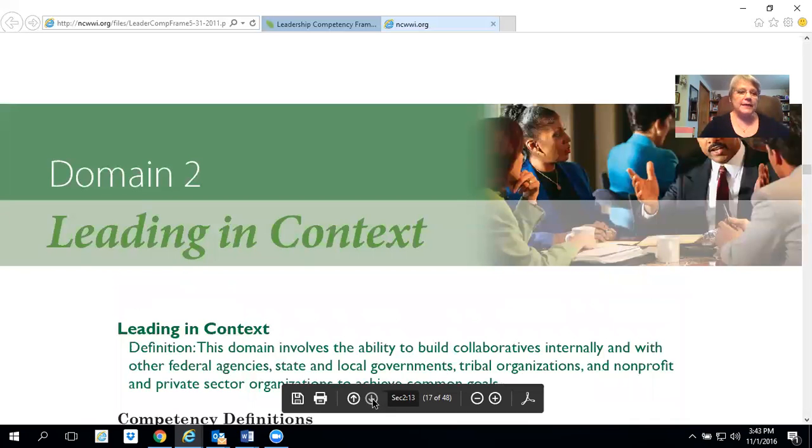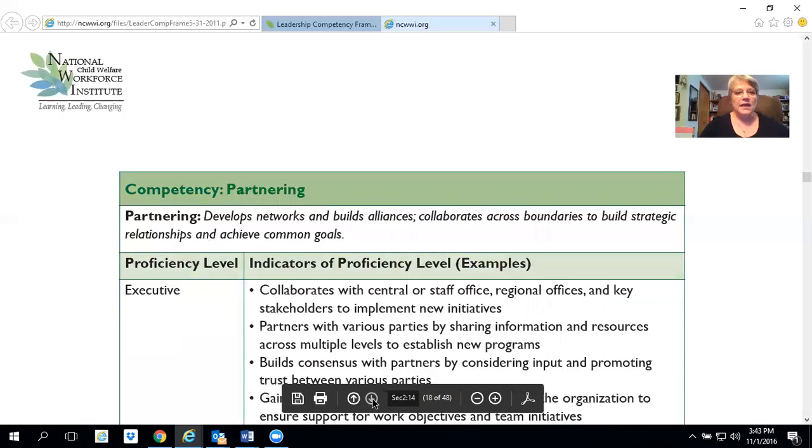The second domain is leading in context. And so, again, there are a number of competencies. Look through the PDF to find the ones that make sense to you, if any of these do. The first one under this particular area is partnering. So maybe you worked with someone or interviewed somebody who really knows how to develop networks and build alliances.